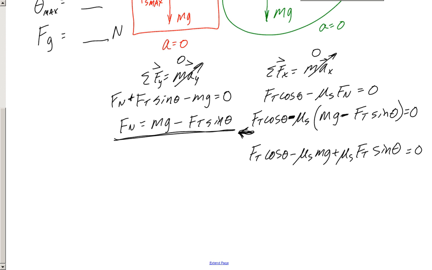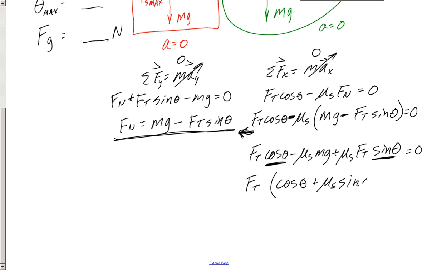So now what we can do is group the Fts together and factor that out. And you'll see why in a minute, because what we're trying to do here is to isolate those angles and get everything else on the other side. Okay, so Ft times cosine theta plus mu static sine theta. This term here shows up a lot in friction problems, so don't be surprised to see that.